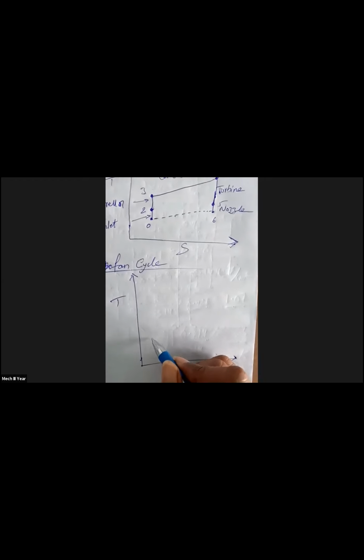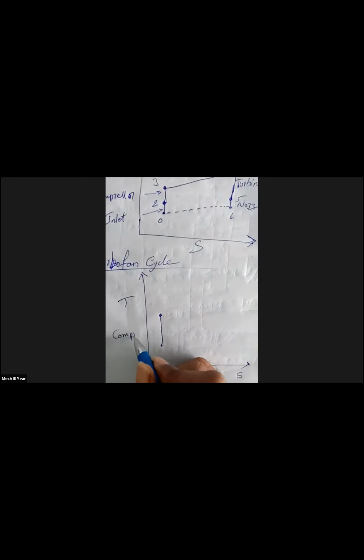Then the process is going like this. Now this one is compressor. We have a low pressure compressor and a high pressure compressor, because in a turbofan we know 2 types of compressors are there. And then this one is fixed, that is called your main combustor. Now I'm going to take this as main combustor.